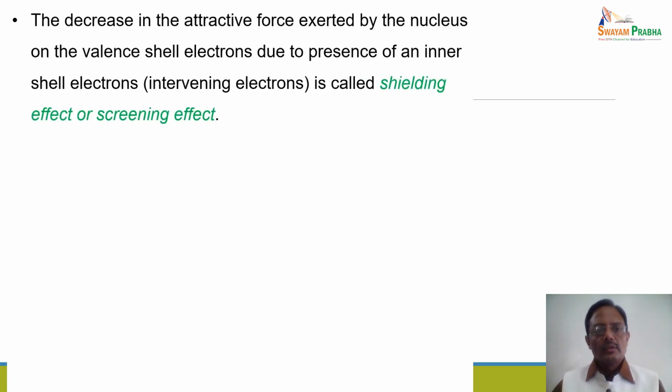Consider that decrease in the attractive force exerted by the nucleus on the valence shell electrons due to the presence of inner shell electrons, what we call intervening electrons, is called the shielding effect or screening effect.